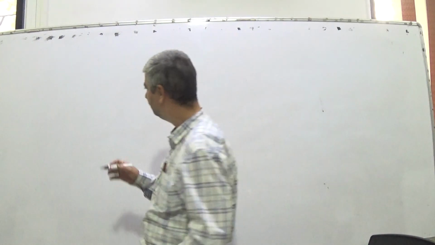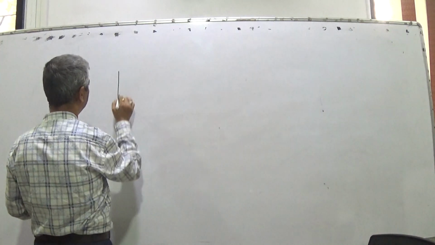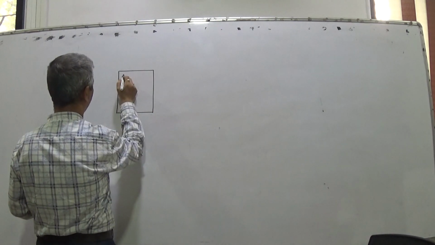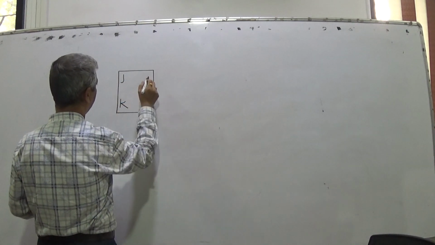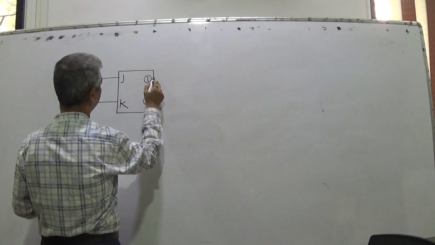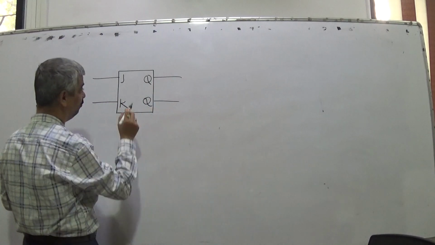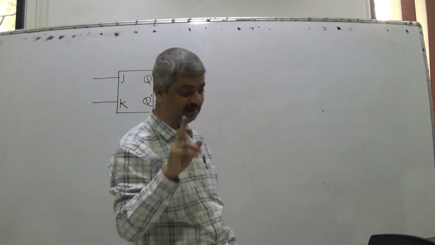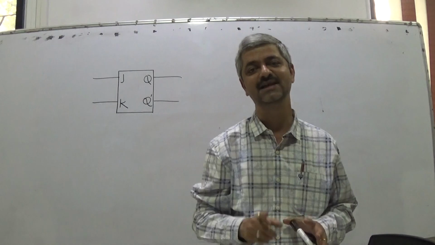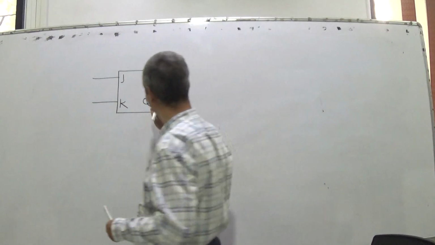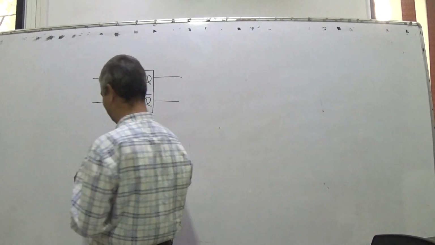So we are having a JK flip-flop: J, K, Q and Q bar. I am specifically saying Q dash and not Q bar, but normally it is uttered as Q bar, so we may say Q bar.